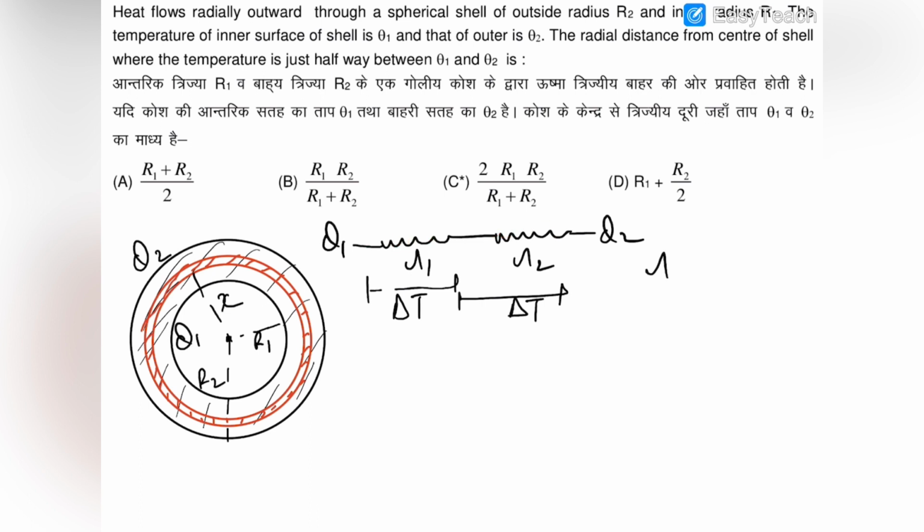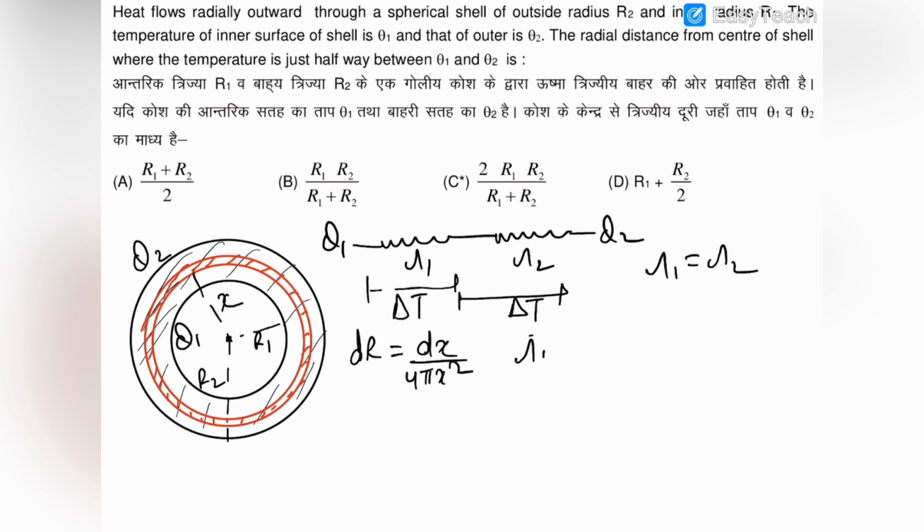that the values of resistance r1 and r2 should be equal. The resistance of this small section of width dx and radius x will be dR, and dR will be dx upon the surface area, which is 4 pi x square.